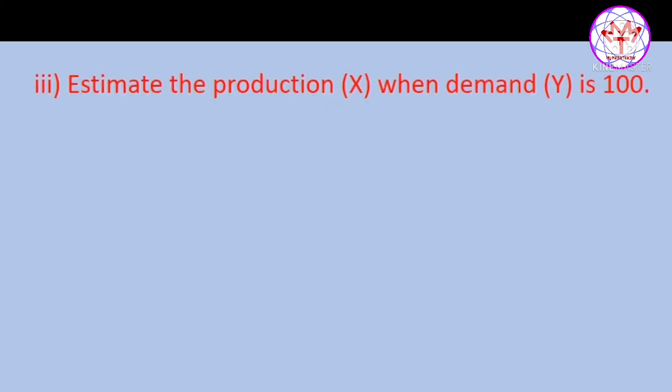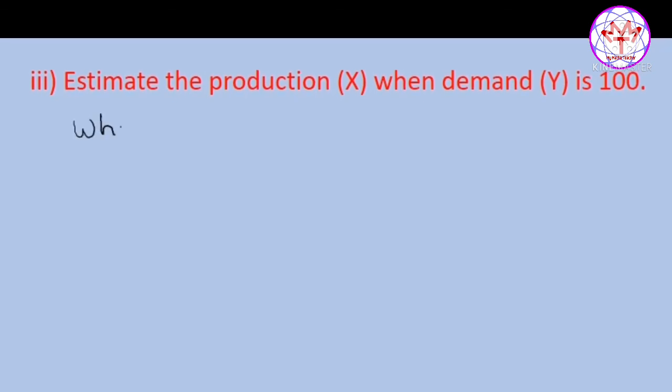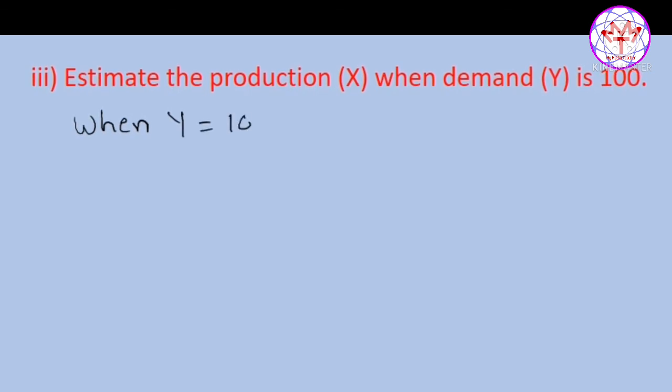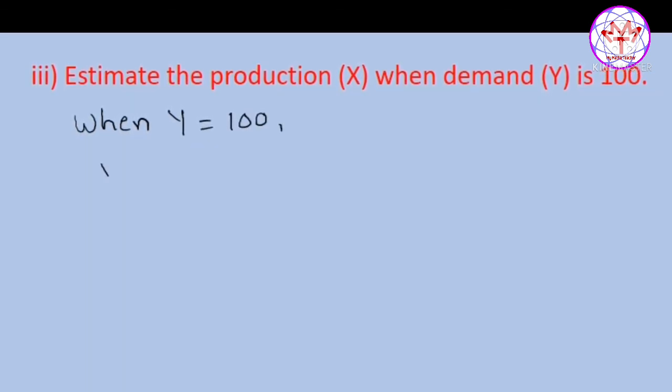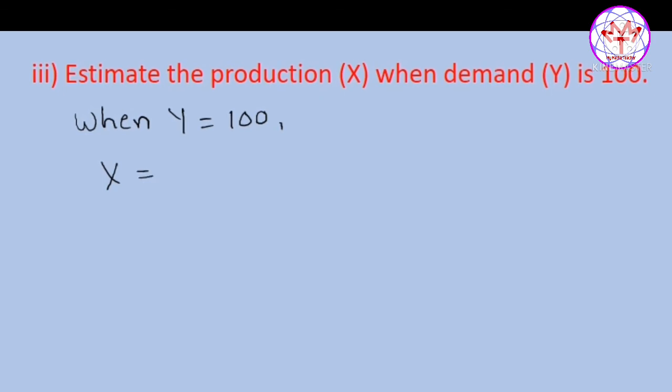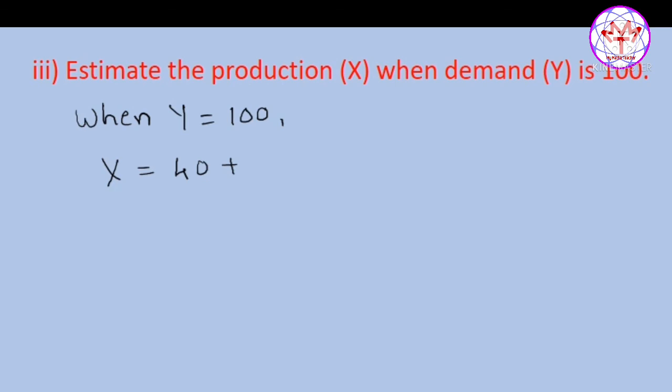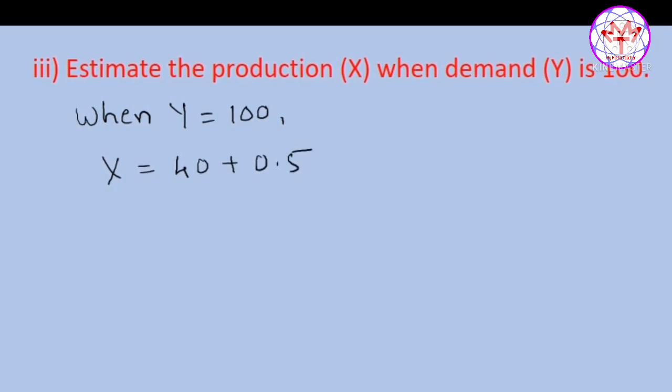Now in the third sub question, we have to estimate x when y is equal to 100. So we substitute y is equal to 100 in the regression equation of x on y. So when y is equal to 100, x is equal to 40 plus 0.5 into 100.